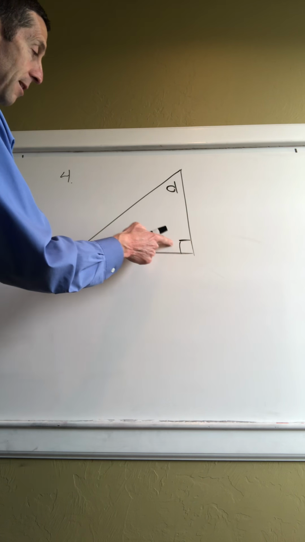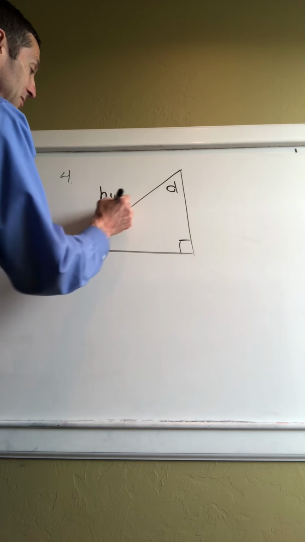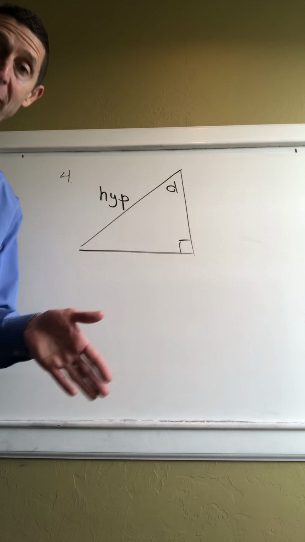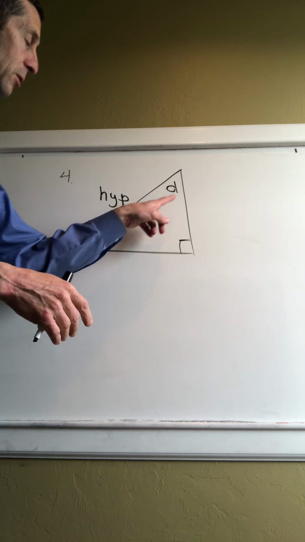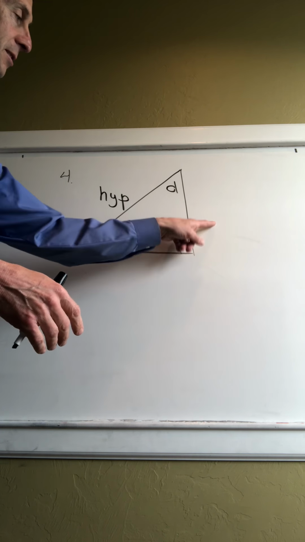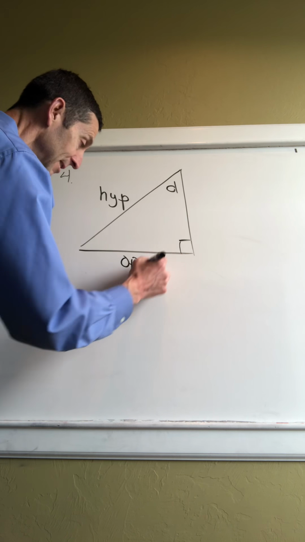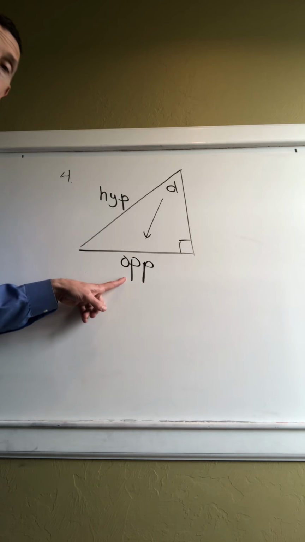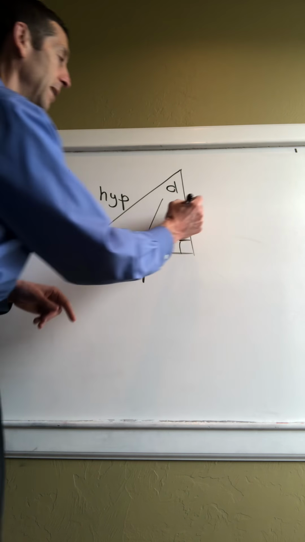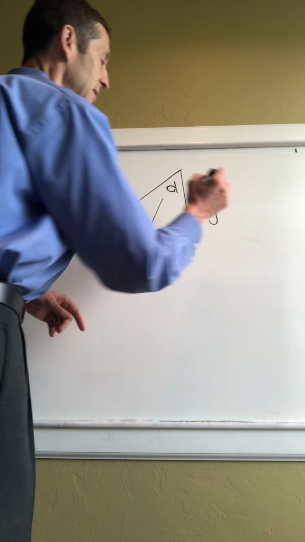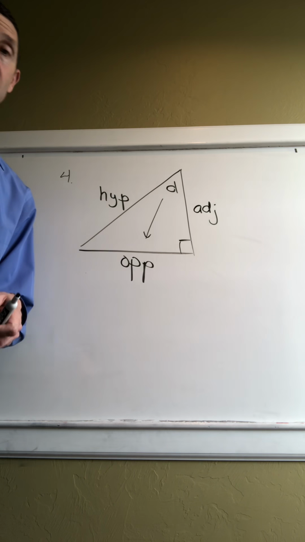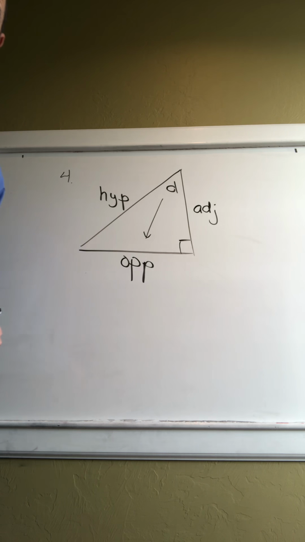Here's my right angle. Opposite of it has to be the hypotenuse. That never changes. What will change is the opposite and adjacent depending on your angle. Here's my angle, so across from it is the opposite side. Right next to it is my adjacent side. So I have labeled all 3 sides correctly.